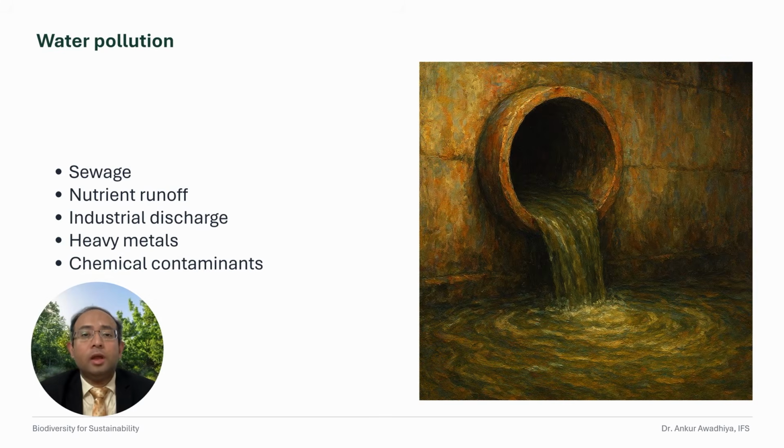Water pollution is one of the most serious biodiversity threats, partly because pollutants spread easily through water and affect many organisms at once. The image of polluted water flowing through a drainage pipe is a clear visual example of water pollution, helping illustrate sources such as sewage, industrial discharge, and contaminated urban runoff entering aquatic systems directly.